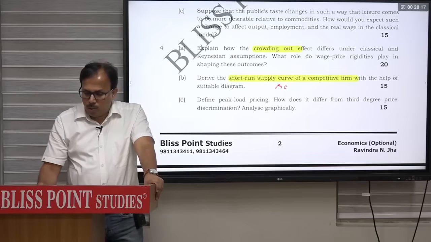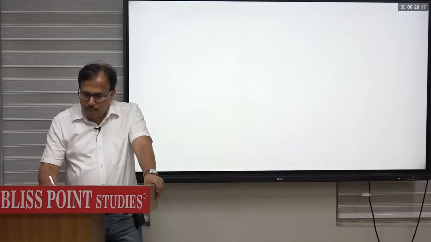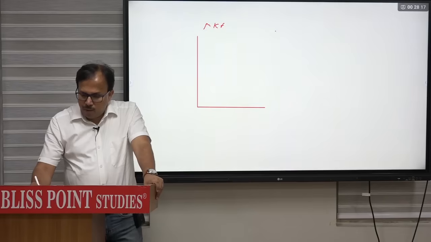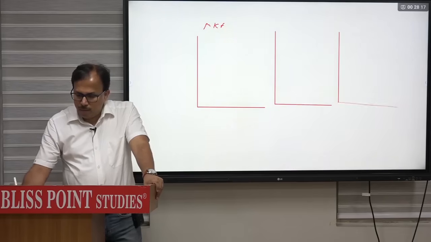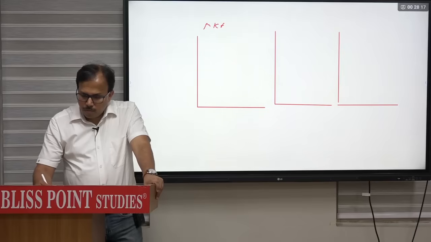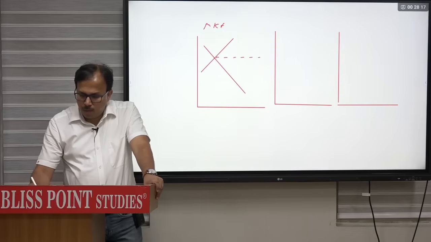And then you can go on to explain it by using a diagram by stating that suppose this is the market demand, supply, and this is for the firm, और यहाँ से उसका सप्लाई डिराइव कर लिया. So demand supply intersection I am taking here deliberately at upper value.